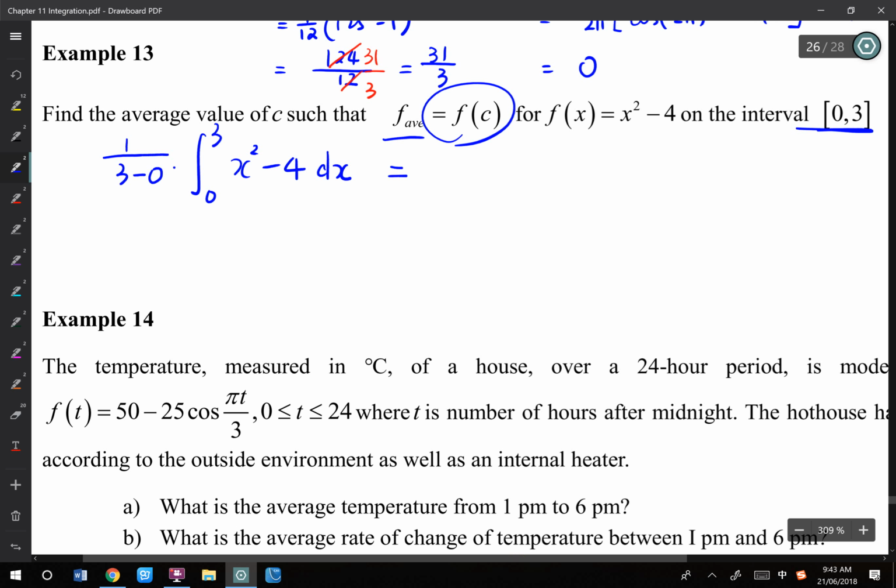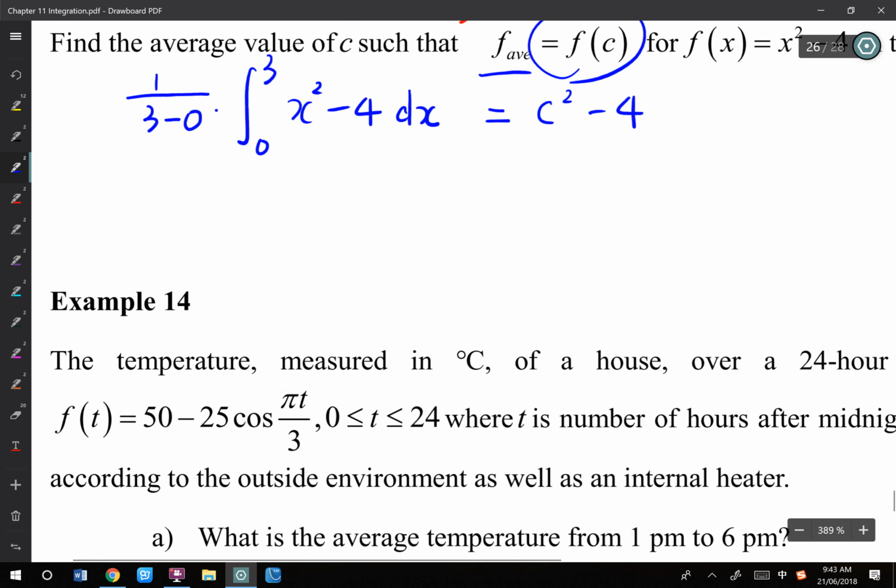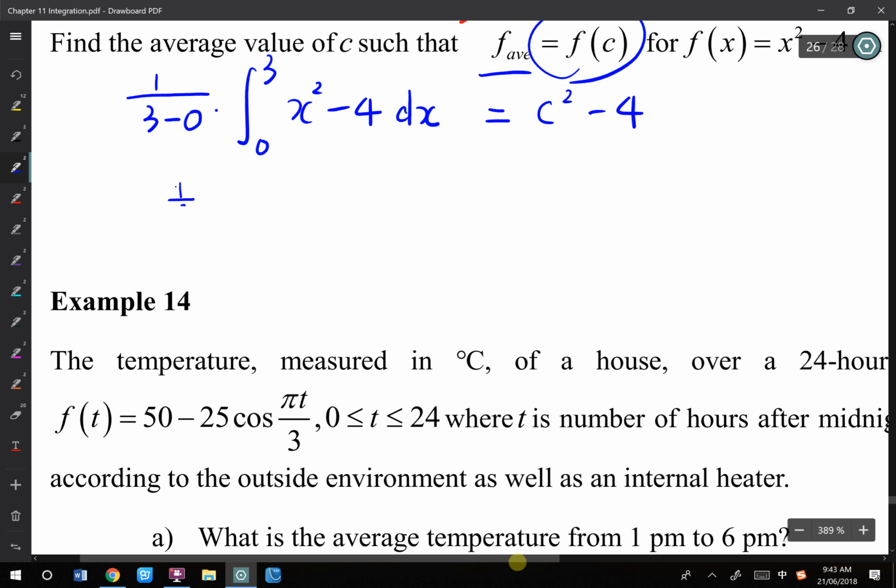And then that equals f(c). f(c) is c squared minus 4, because f(x) is x squared minus 4. So that's a third times a third x cubed minus 4x from 0 to 3 equals c squared minus 4.